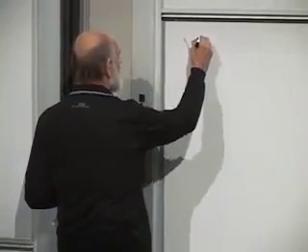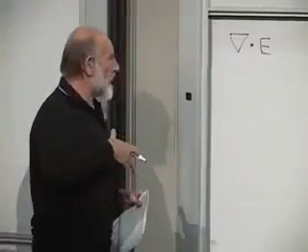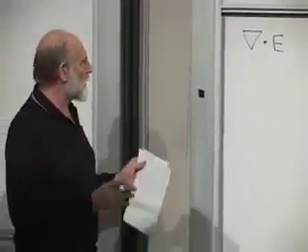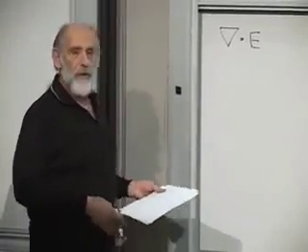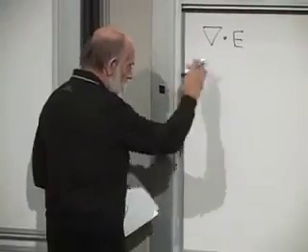Everybody remember Maxwell's equations? I remember them up to a sign. All right. Divergence of the electric field. Anybody not know what a divergence is? Good. Then I don't have to write down what a divergence is. The divergence of the electric field is the derivative with respect to x of the x component of the electric field, plus the derivative with respect to y of the y component, etc. Three terms.